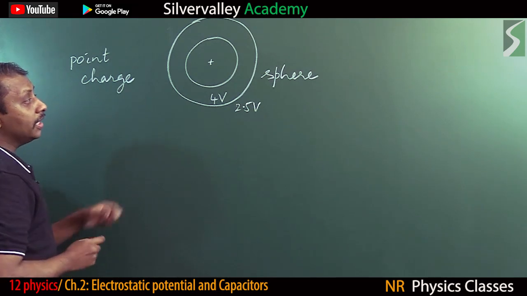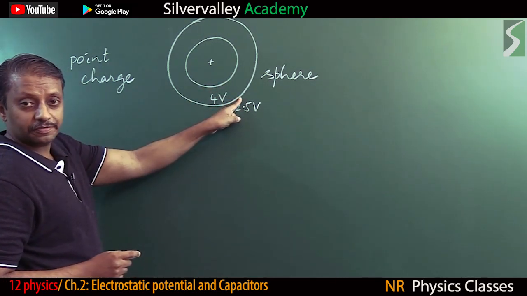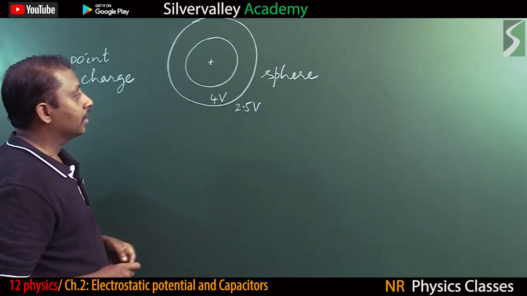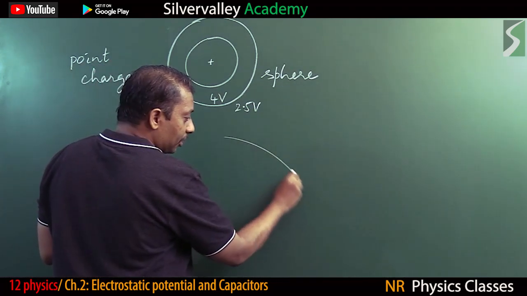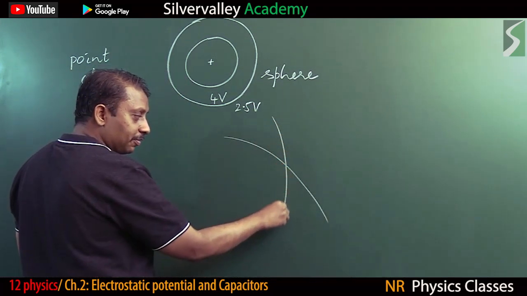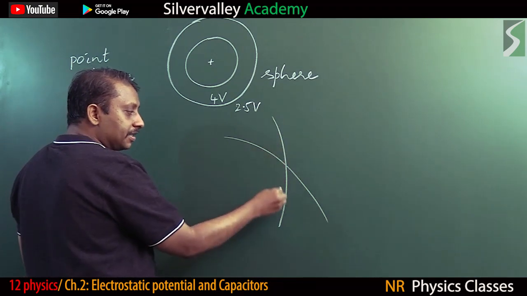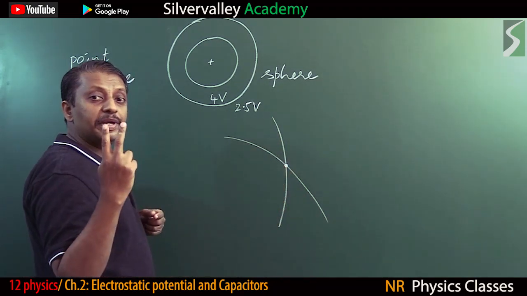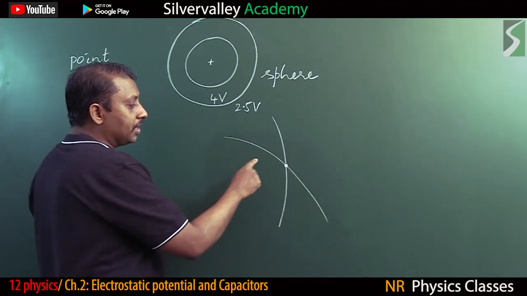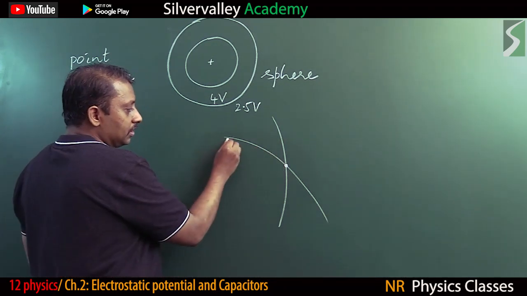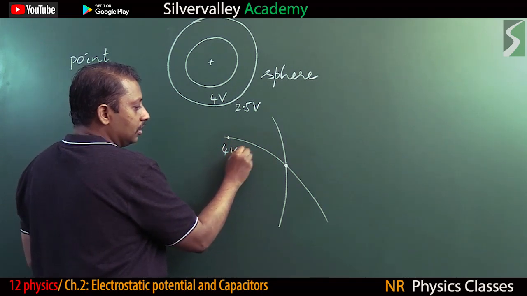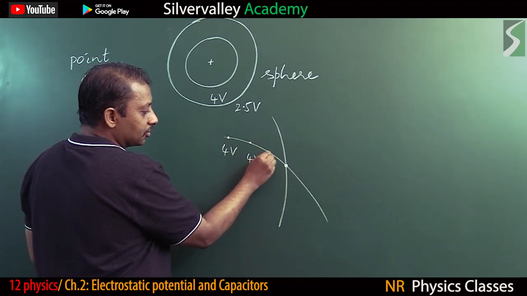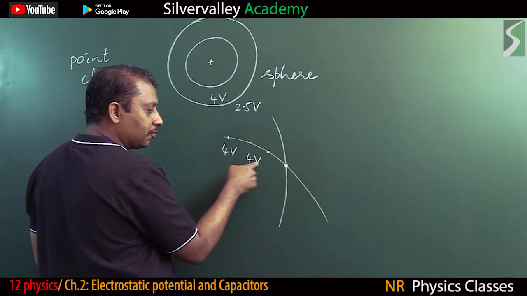So due to a point charge, equipotential surfaces are concentric spheres. Okay? And no two equipotential surfaces intersect. If this is an equipotential surface and this is another equipotential surface, and they intersect, it means at this point there would be two potentials, so intersection is not allowed. Suppose this is 4 volt, this is also 4 volt, this is also 4 volt, then this point is at 4 volt.